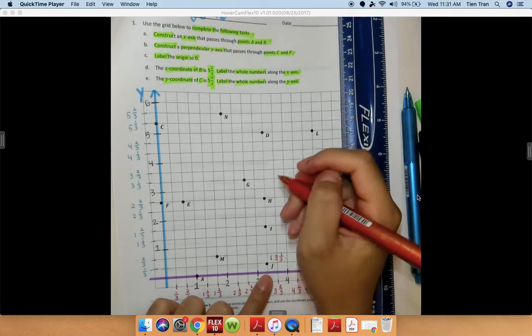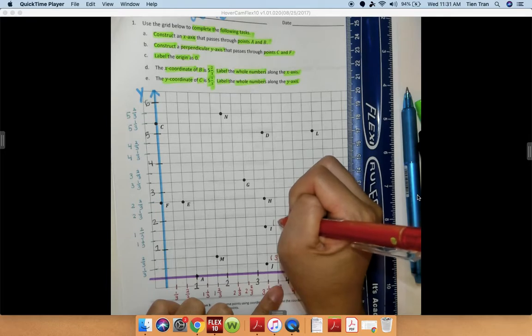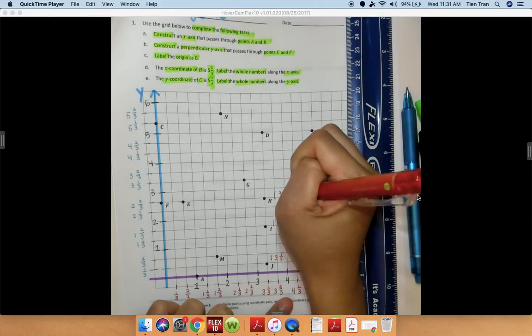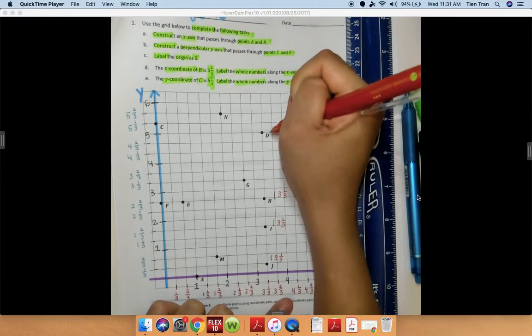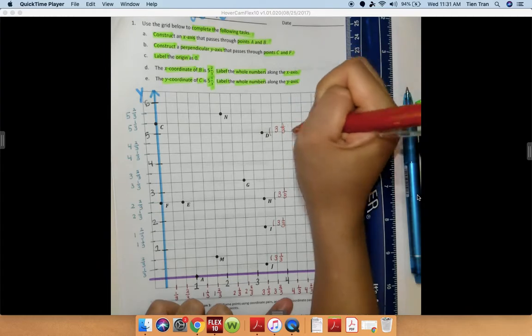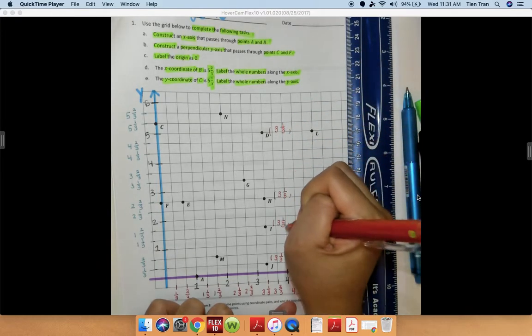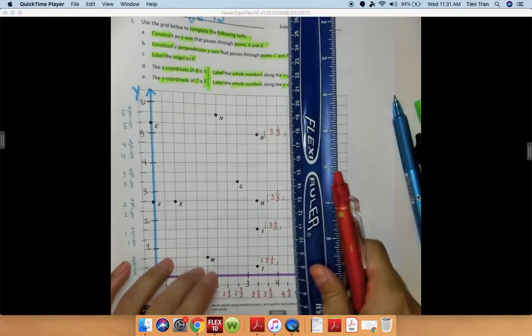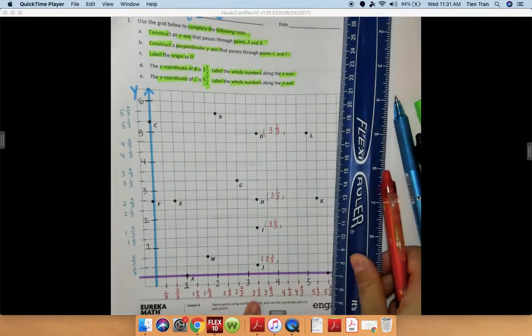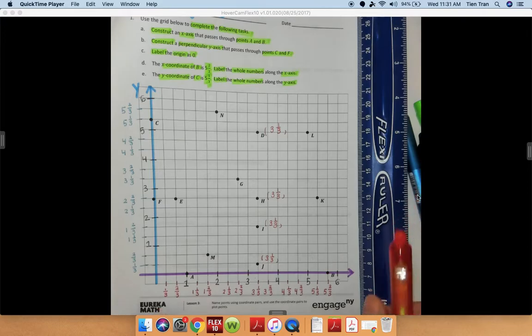So J is 3 and 1/3. I is 3 and 1/3. H is 3 and 1/3. D is also 3 and 1/3. Okay, so that's their x coordinate. And I know that because they're all at 3 and 1/3 right here. And that's why I wrote 3 and 1/3 for all of them.